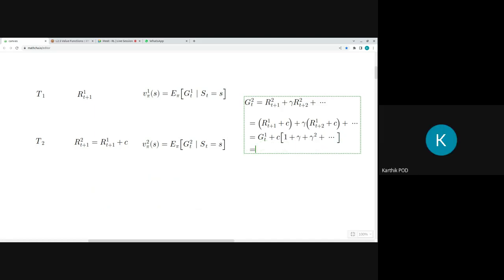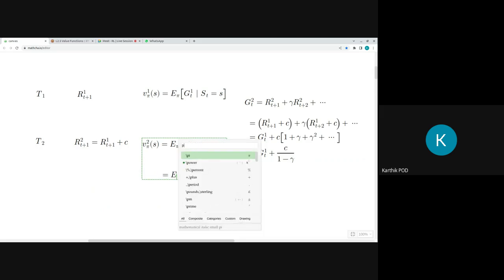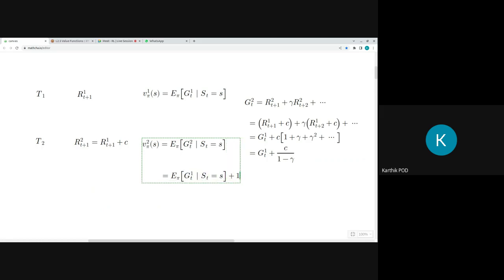So this becomes G_t in world 1 plus C by 1 minus gamma. Gamma is between 0 and 1, so the sum of the infinite geometric series is 1 by 1 minus gamma. So you end up with this. Since C by 1 minus gamma is a constant, I can pull it out of the expectation and write this as the expectation under pi of G_t1 given S_t equal to s, plus C by 1 minus gamma.